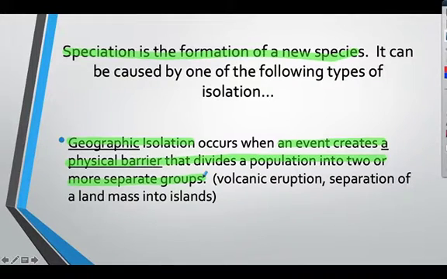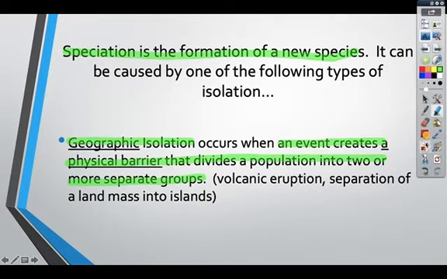It could even be a man-made geographic isolation, like where a highway is built that splits a species up into two separate groups on each side. And what could happen is over time, those two groups could become so different that if they were brought back together, they wouldn't be able to reproduce. And so it would create a new species.